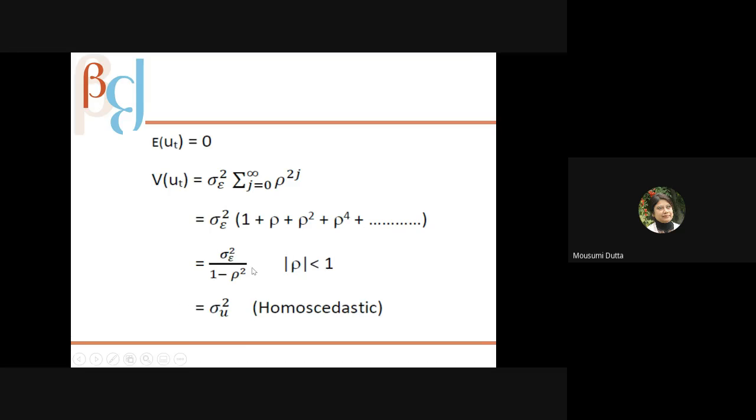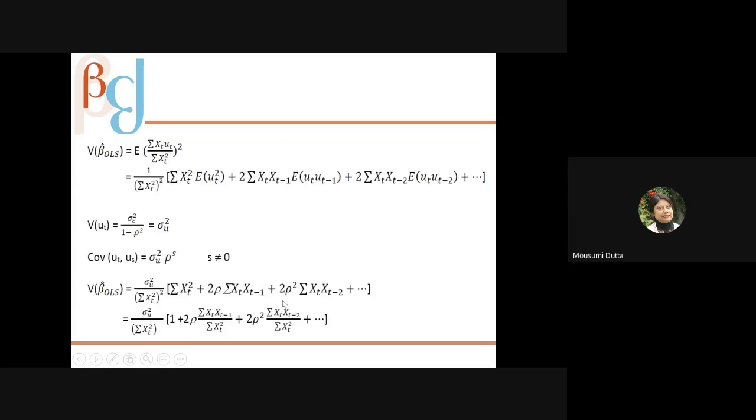From this series, we calculated this entire thing. Okay. So when we consider the variance of beta hat OLS, we can use these properties: variance of ut is equal to a constant sigma epsilon square by 1 minus rho square, which is sigma u square.